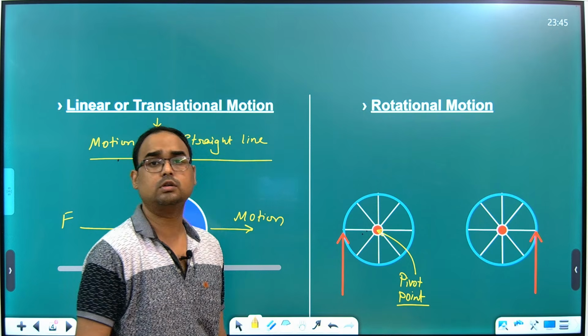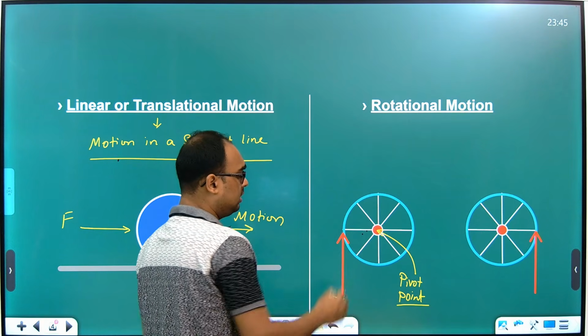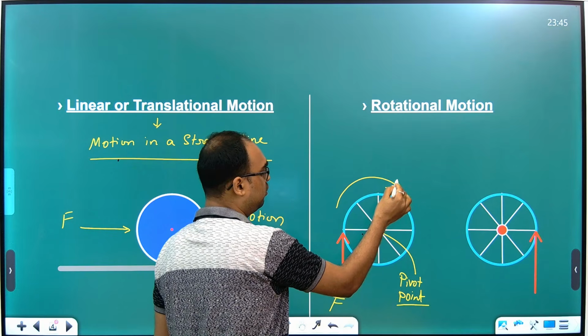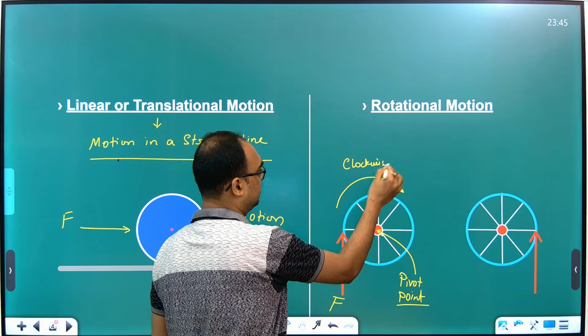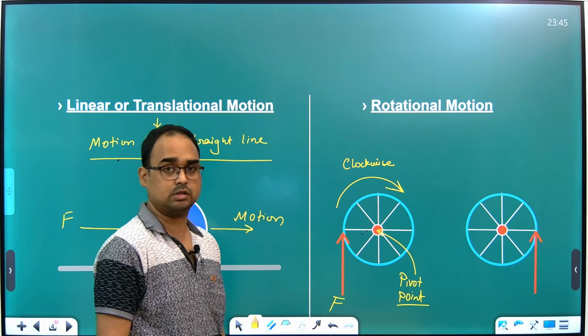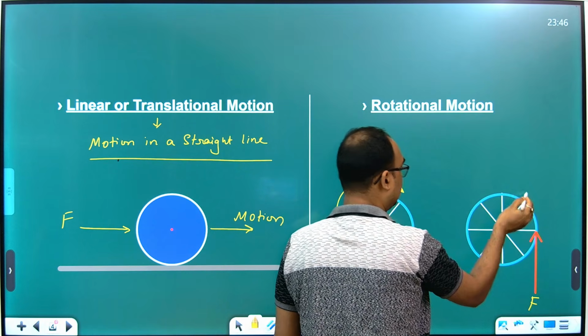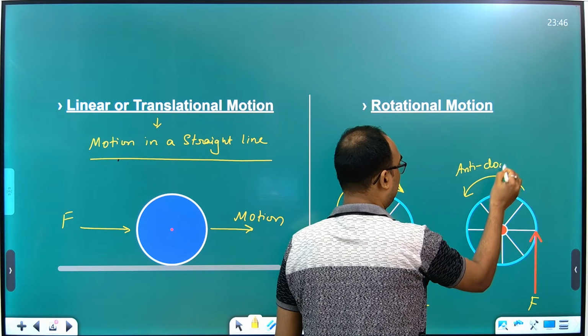Now when you apply force on this side, obviously the steering will move in a clockwise direction. And when you change the point of application of force, then the wheel will move in an anti-clockwise manner.